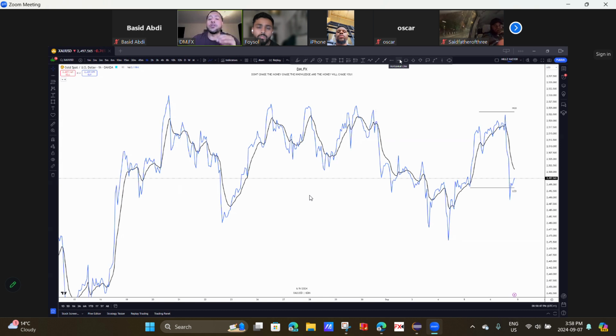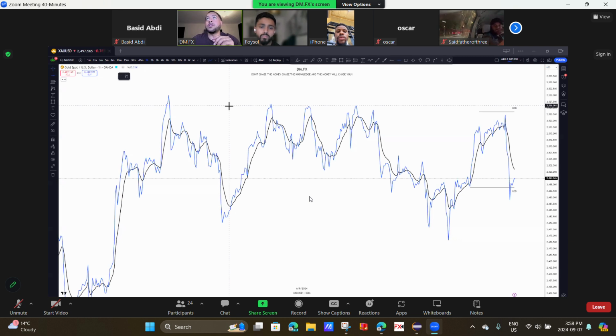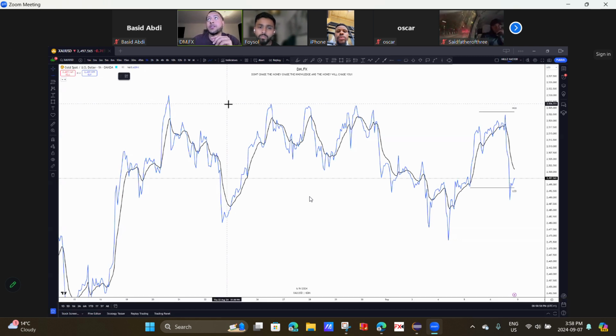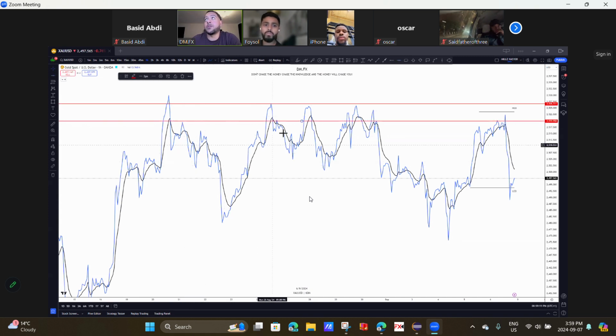You then get your horizontal line tool, and you want to start scoping out the wicks, the sharp edges on the line chart, where you can see it bouncing off and being respected quite a lot of times. Here's another one. As you can see, bounce, bounce, bounce. And you genuinely just come down on the charts and keep scoping these lines like that.